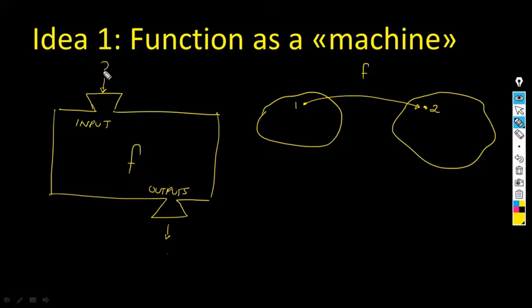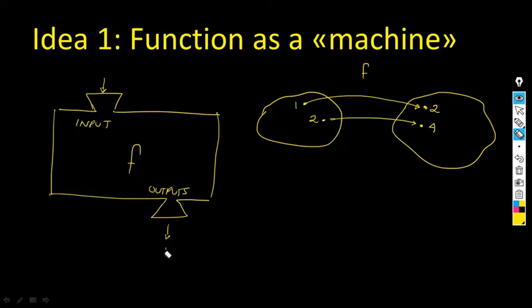Another example. Suppose that you give the machine the number 2 and it outputs the number 4. I'm going to represent that in here. So this element of this set of numbers, the number 2, is being taken by the function, and the function produces the output 4. So basically, the function is associating this output to this input.